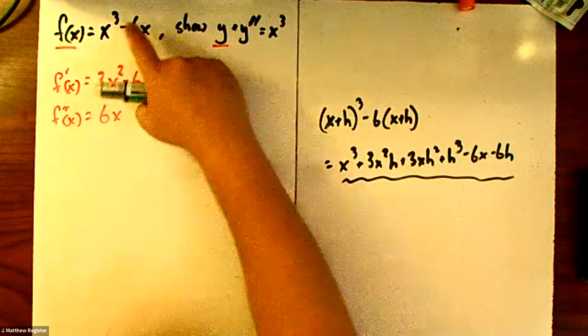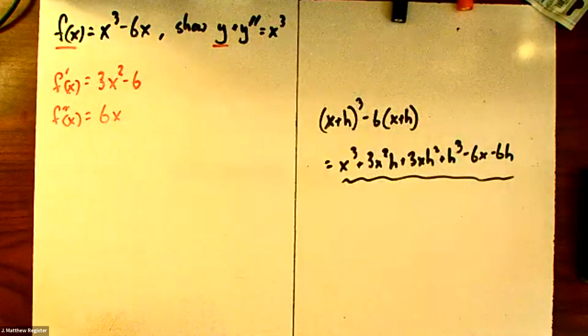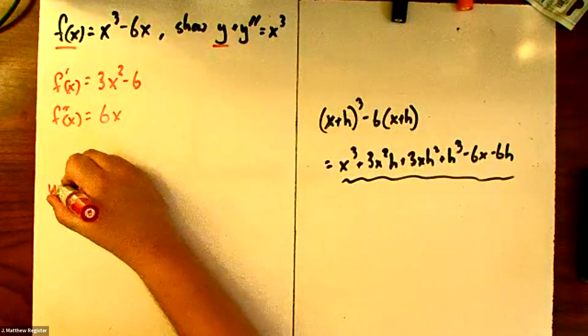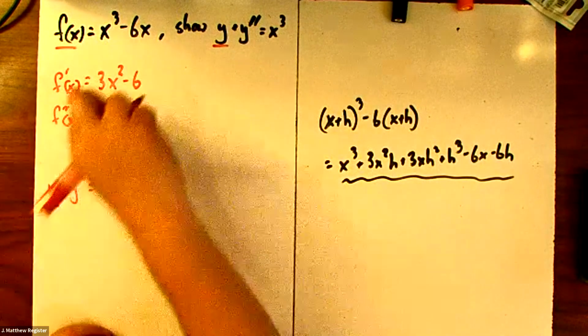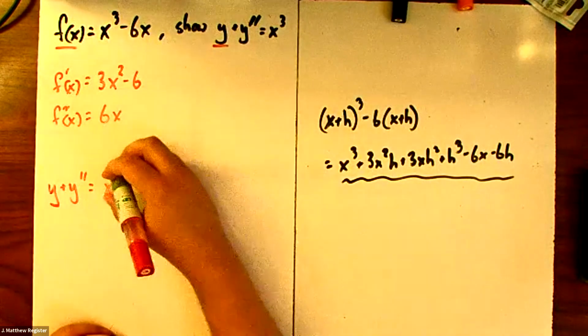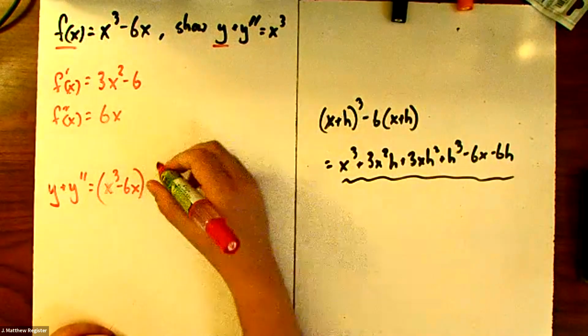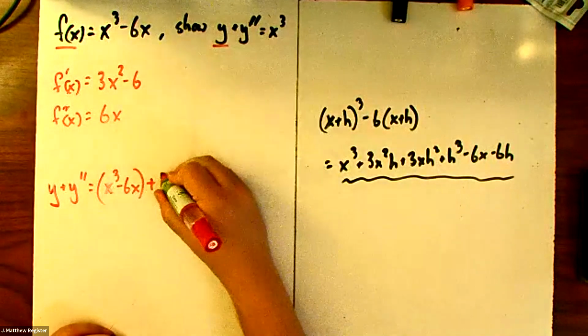But once we have this, in order to show this property, all we have to do is plug the values in. And so y plus y double prime is going to be equal to x cubed minus 6x. And then it's going to be plus our second derivative, which is 6x.